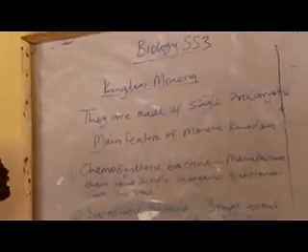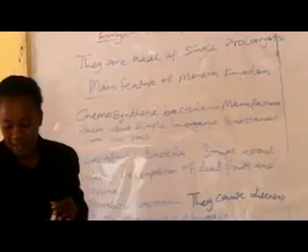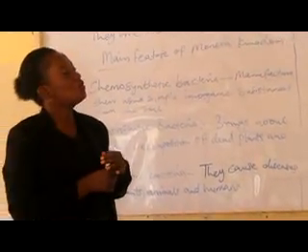Let's look at reproduction in bacteria and then we summarize. Most bacteria reproduce by dividing into two daughter cells which are identical to their parent.